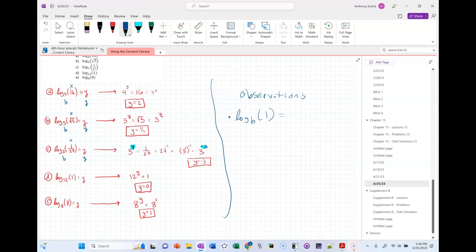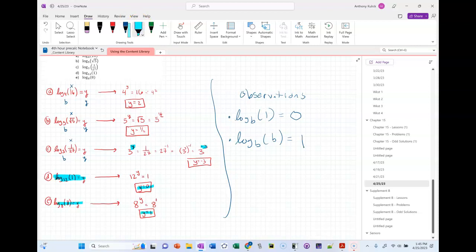if I take any log of 1, that has to equal 0, right? Is everybody okay with that? So what we saw here. Is everybody okay? If the log base matches the x, that has to equal 1.